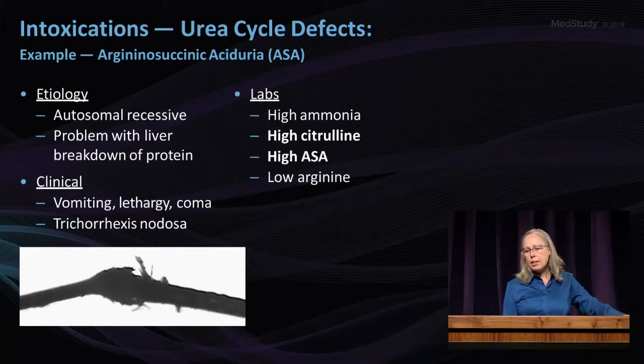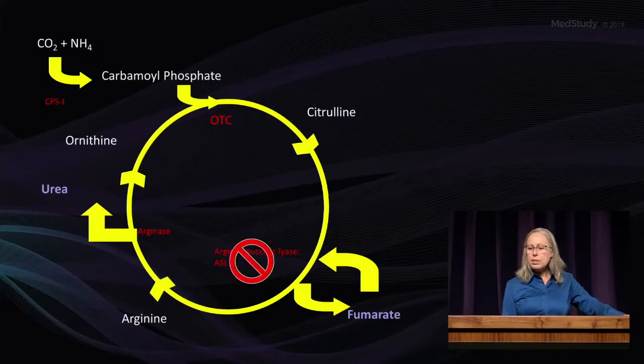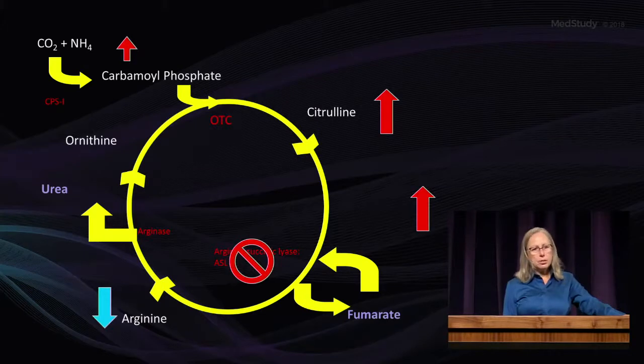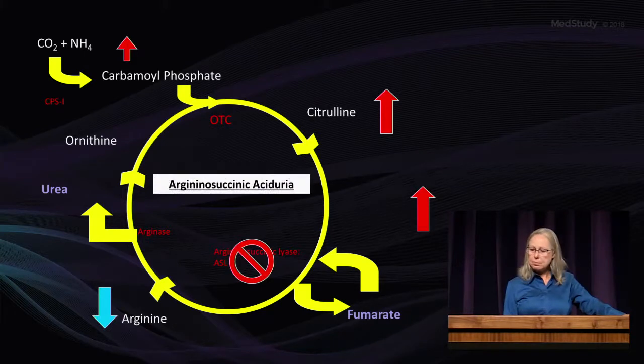High ammonia, high citrulline, high argininosuccinic acid, and low arginine. So when this enzyme goes away, back behind, the citrulline goes up. My argininosuccinic acid went away, but there's citrulline, ammonia, and the arginine is still down. So again, you're just looking for these patterns of A to B to C.